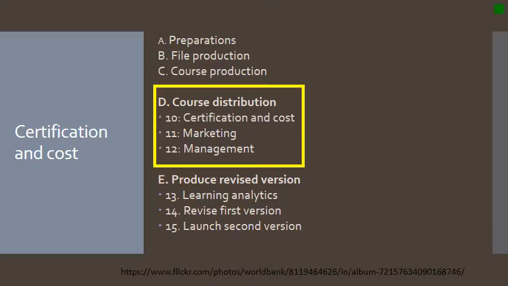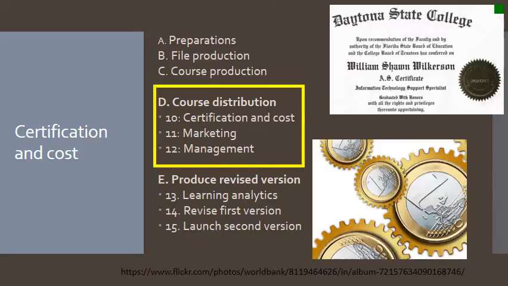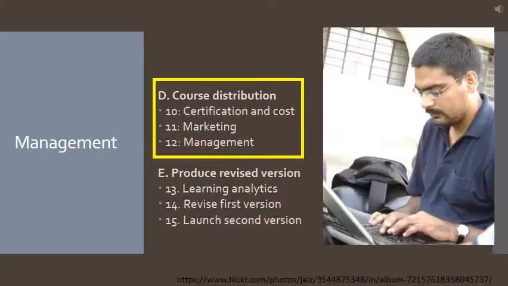Before the course is launched, the institution must decide how to deliver it. The course must be marketed to its intended audience, and the institution must organize the actual delivery of content to the students. Online courses do not run by themselves.